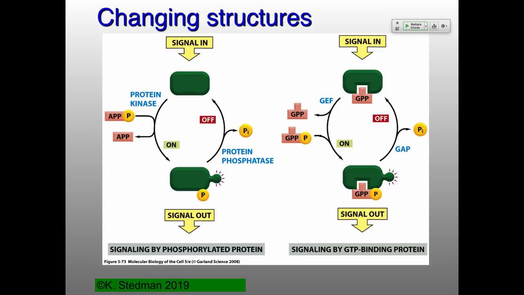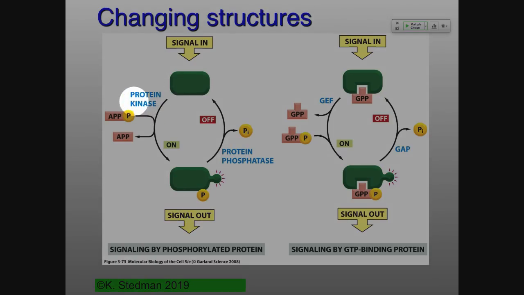In order to have these covalent interactions take place, you of course have to have coupled intermediates, so high energy intermediates, and then enzymes that are involved in the process. So making this phosphate, adding it to the protein, are going to be protein kinases. Taking the phosphate off are protein phosphatases.